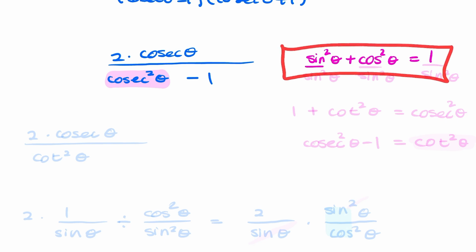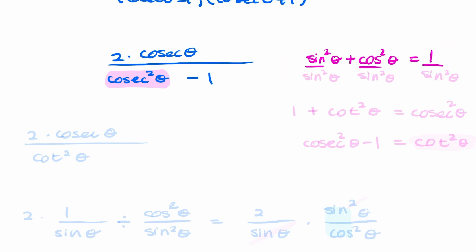And if you divide each of these terms by sine squared, that will give you 1 plus cotan squared theta equals cosecant squared theta.